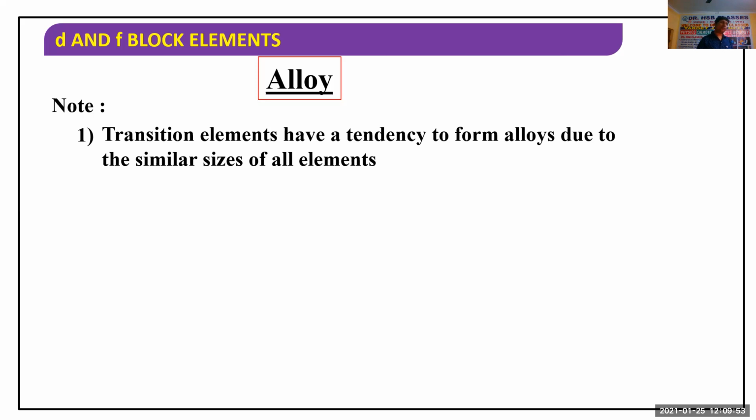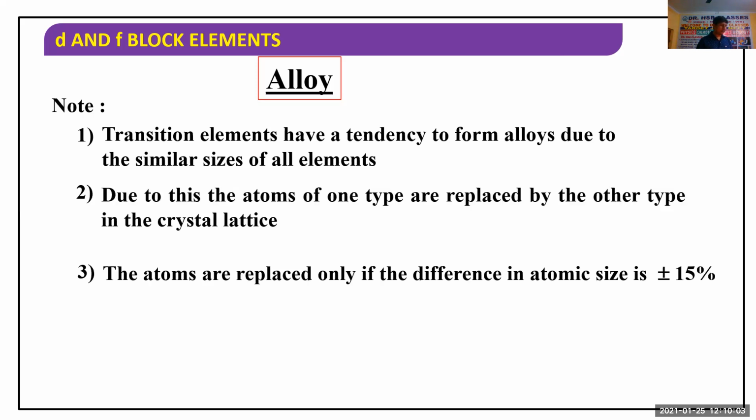Okay. And for this reason, the impurity occurs. The transition elements have the tendency to form alloys due to the similar size of all elements. Due to this, the atoms of one type are replaced by the other type in the crystal lattice. The atoms are replaced only if the difference in atomic size is plus minus 15%.